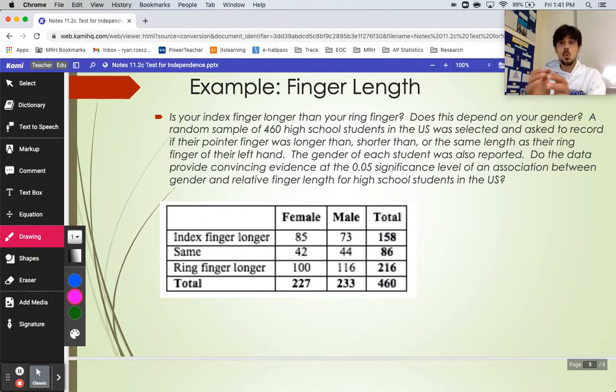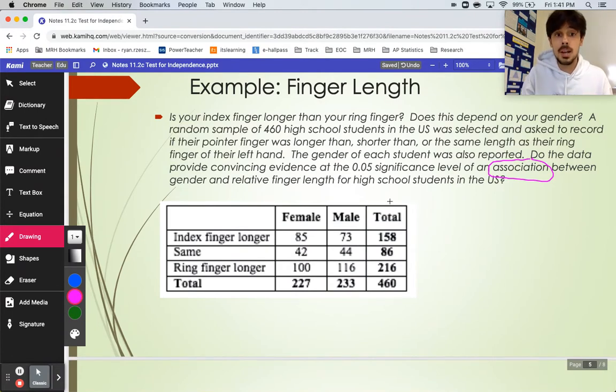It's not like I took one sample of males and a different sample of females. And this certainly isn't an experiment where I'm randomly assigning something. These are signals to me that this would probably be a chi-square test for independence. Also, if you see the word association in the problem, that's almost always a dead giveaway that you're doing independence and not homogeneity. So I see I'm doing chi-square for independence.